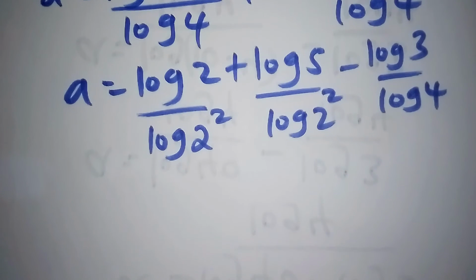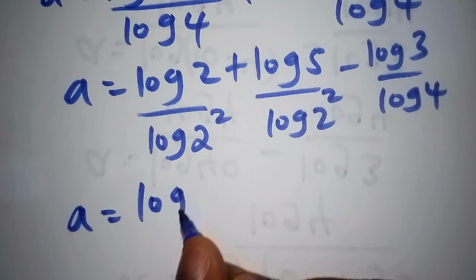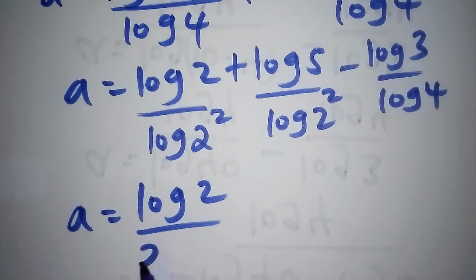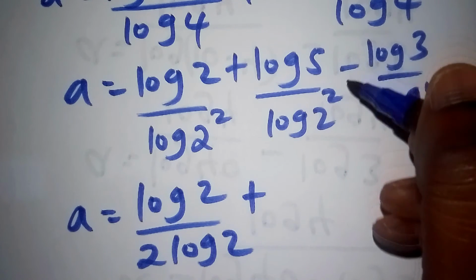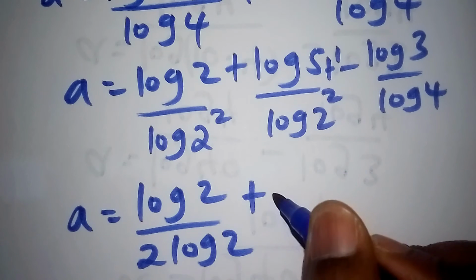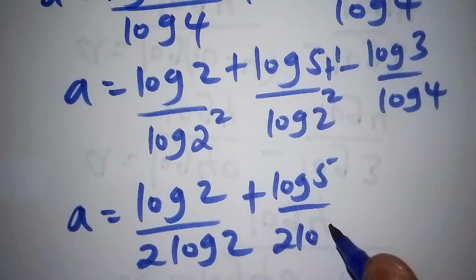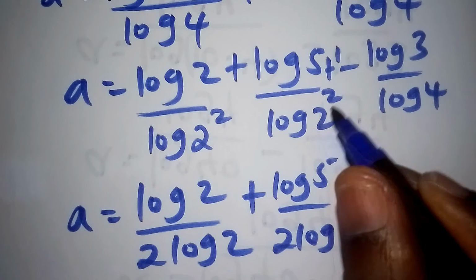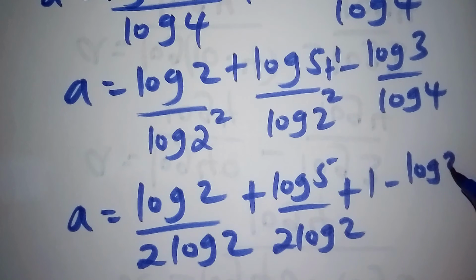Next, our value for a is equal to the log 2 all over 2 log 2, plus, oh sorry, this was supposed to be plus 1 here, plus the log of 5 all over 2 log 2, then minus log 3 all over the log of 4.